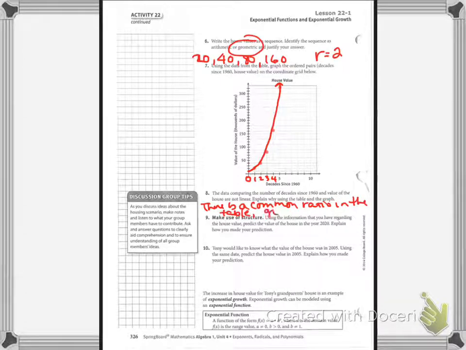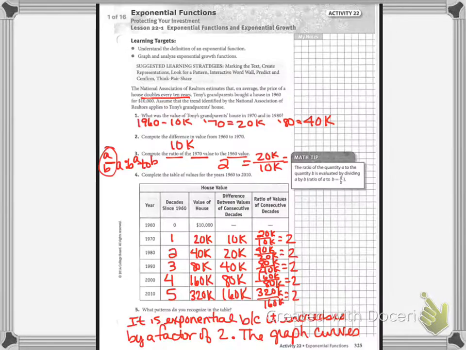And we can say that the graph is curved, not linear. Using the information that you have regarding the house value, predict the value in 2020 and explain your prediction. So you can do a couple of things here. You can go back to your table.